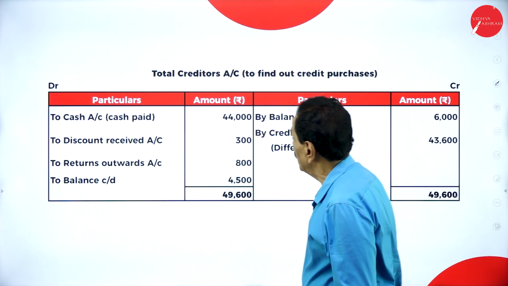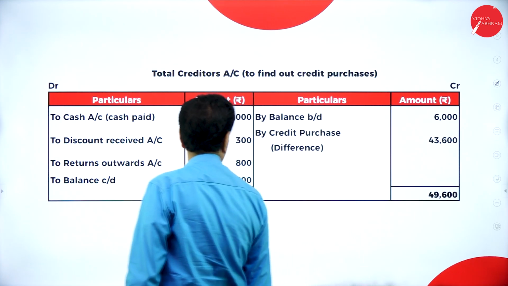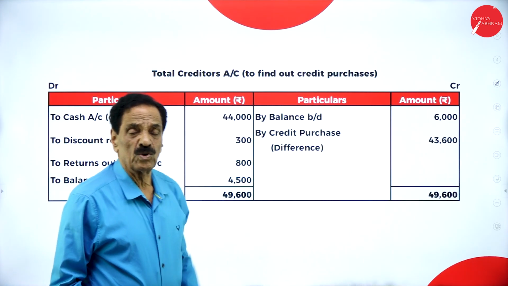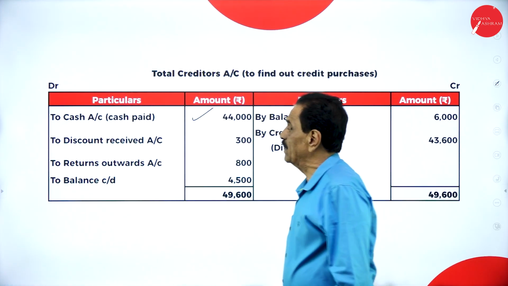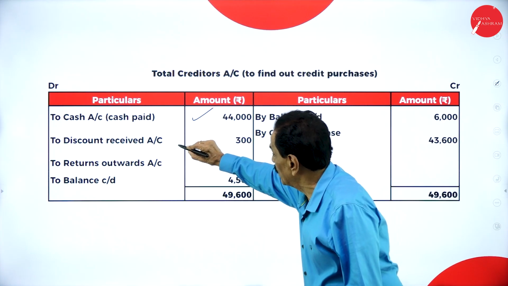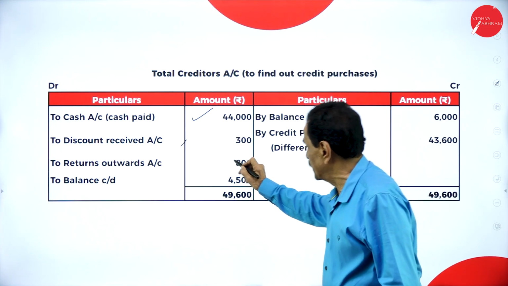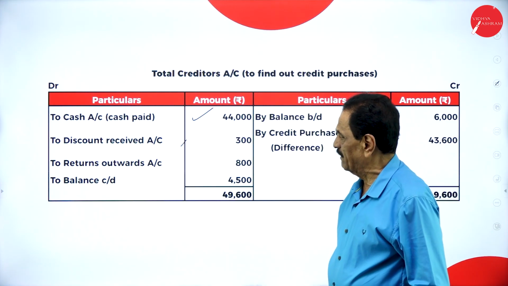We'll move on to the next one. Total creditors account, to find out the credit purchases. By balance brought down 6,000, opening balance. To cash paid to creditor 44,000. To discount received is 300. Return outward is 800. Then to balance carried down is 4,500.